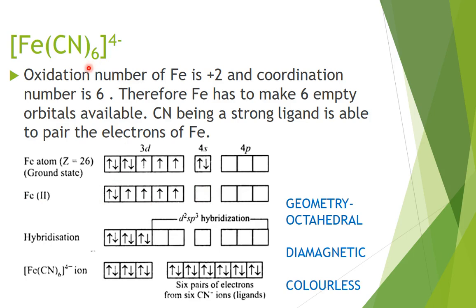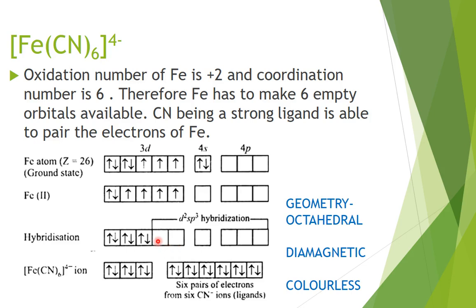Now coordination number is 6, so we require 6 vacant orbitals. But CN is a strong ligand. What it will do? It will pair the electrons. This electron will be accommodated here and this electron will be accommodated here. So the 6 electrons of d will be accommodated like this and we get 2 d vacant orbitals.